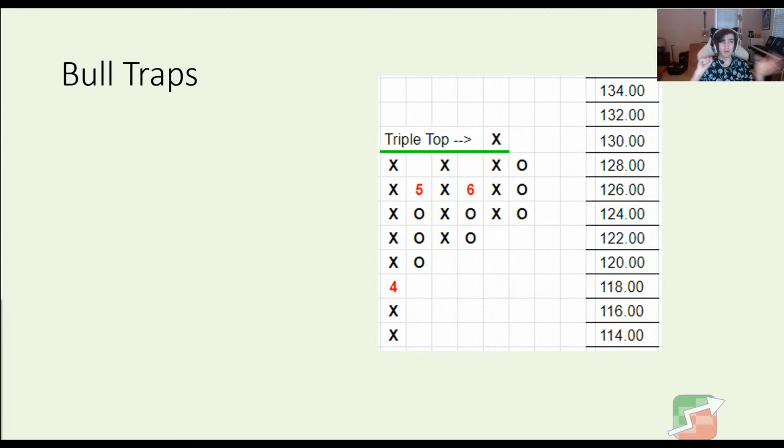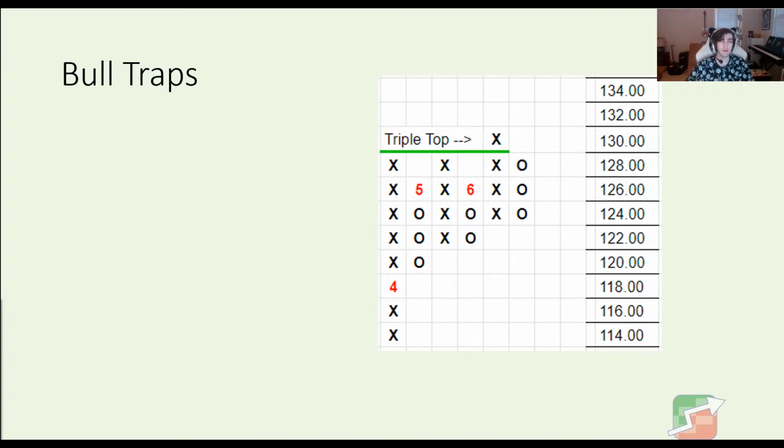All of those buy orders start coming in. And then there's not enough sellers to meet all the buyers. So when there's too many buyers and not enough sellers, the price goes back down.